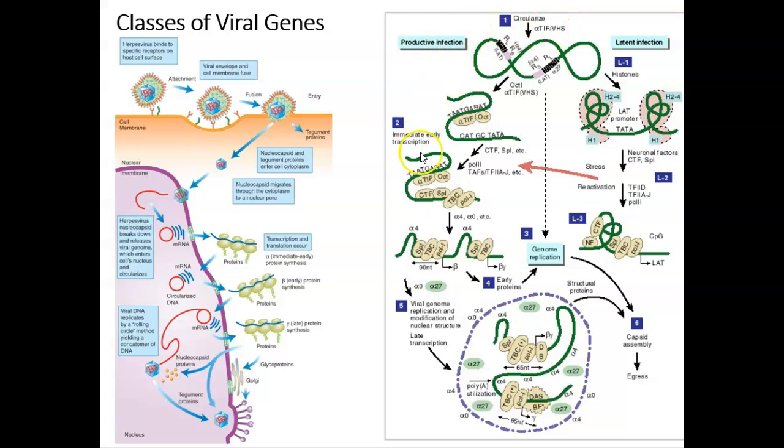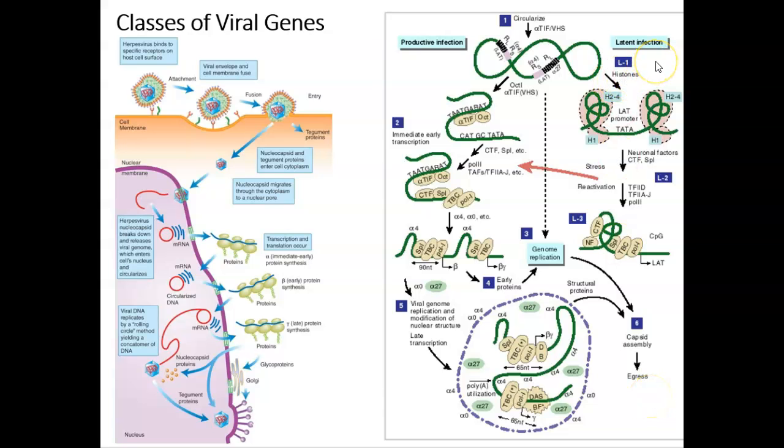And so we immediately have transcription starting, and the immediate early genes can then produce the early proteins. We get our genome replication, and then we produce our late proteins, and then we can make virions.